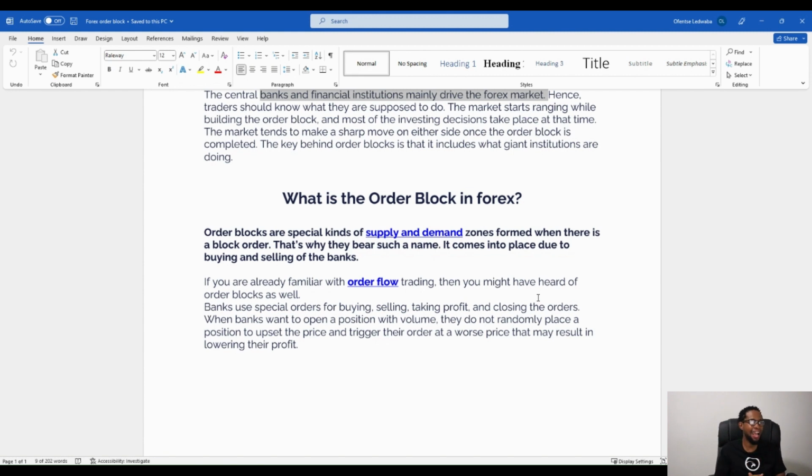Order blocks are a special kind of supply and demand zones. So understand what it simply means: in forex trading, you always have an order block where you're having a supply or a demand. Always remember, the demand is at the bottom and the supply is at the top. So that's why they bear such a name.